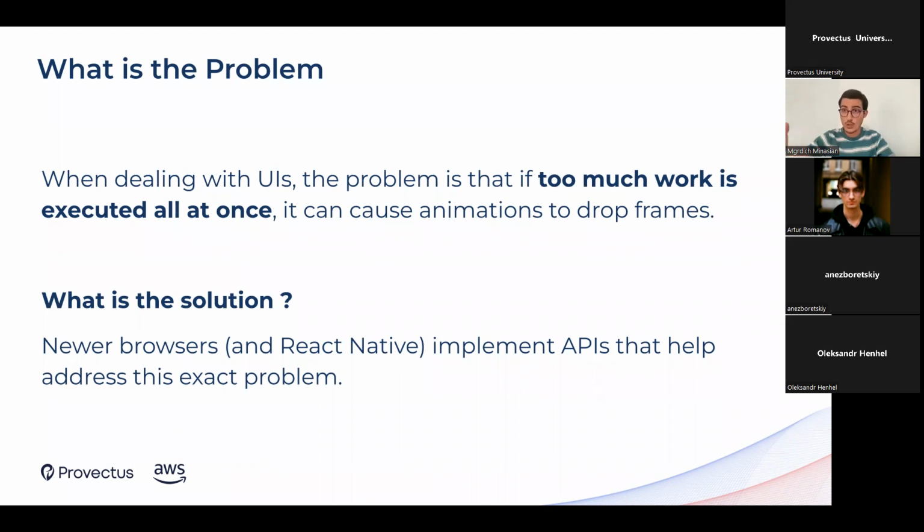You do your work, and then the browser says, oh, stop, I have to do some animation. You will stop the execution of your code and say to the browser, okay, continue your work. The browser will do the animation and come back to you during its idle state and continue the work on your code. Thus, it will not cause the browser to have animation drop frames. Thus, a much better, smoother UI.